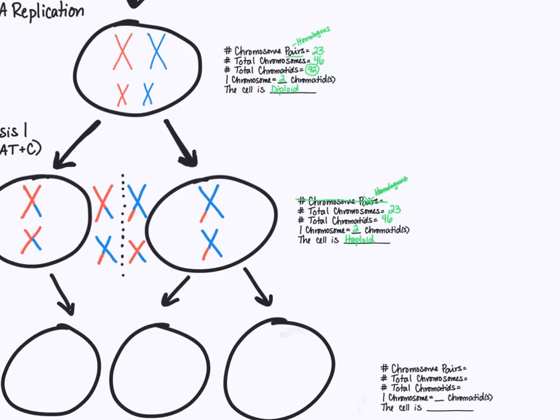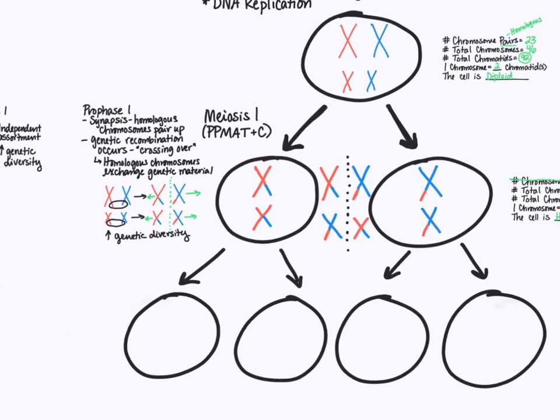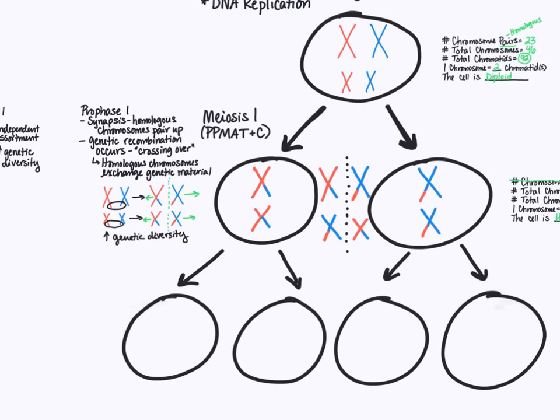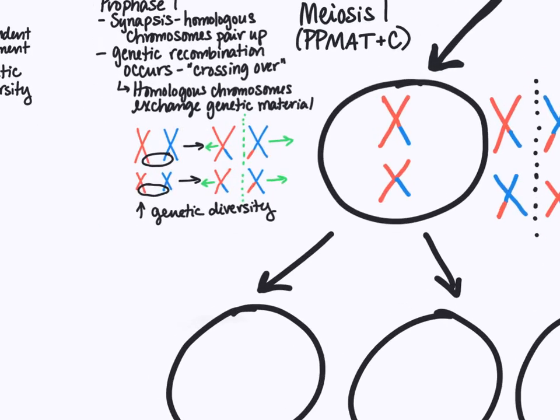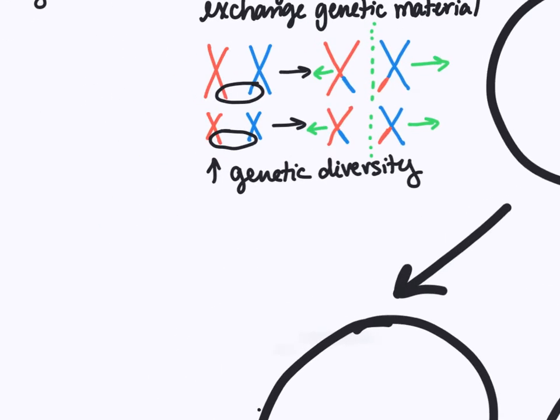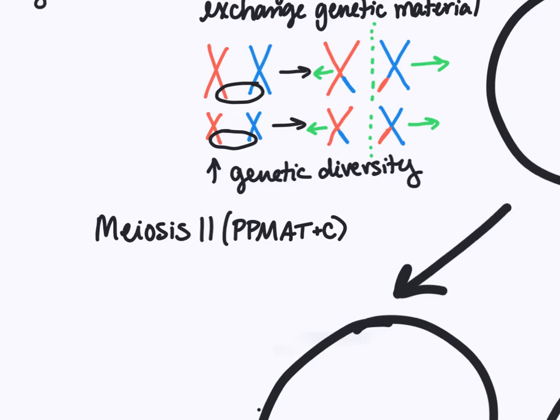So now let's take a look at what's happening in this second set of arrows here. These second set of arrows represent meiosis 2. And meiosis 2 goes through those same kind of subphases of PPMAT-C. Now, the key thing that happens during meiosis 2 is that these sister chromatids are going to be separated.